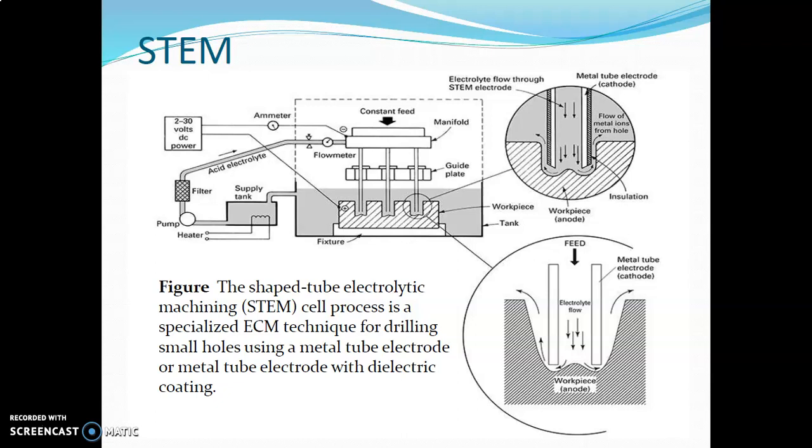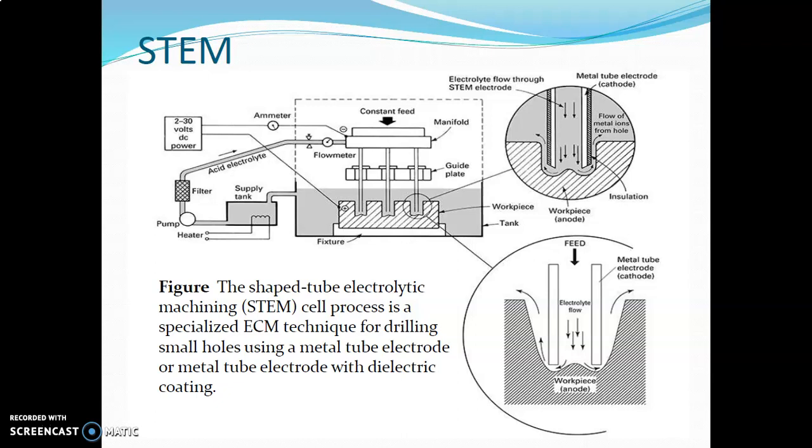You can see in the figure the shaped tube electrolytic machining, that is the STEM process, is a specialized electrochemical machining technique for drilling small holes using a metal tube electrode with an electric coating.